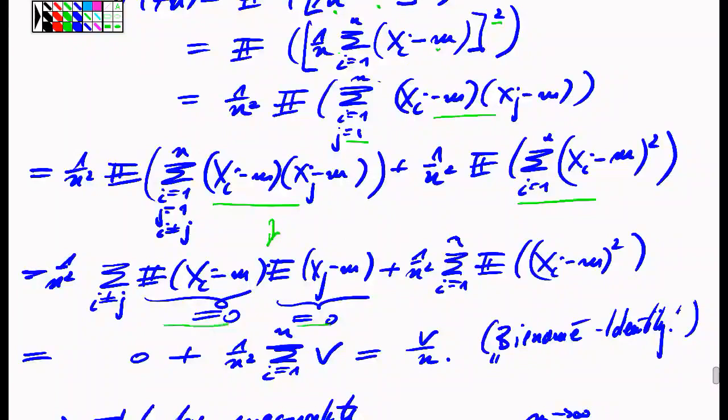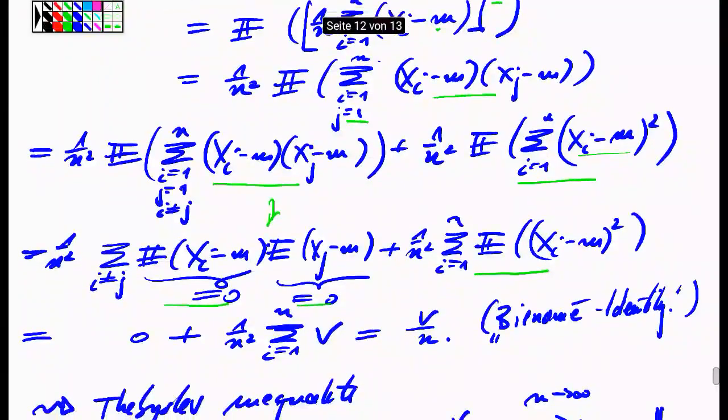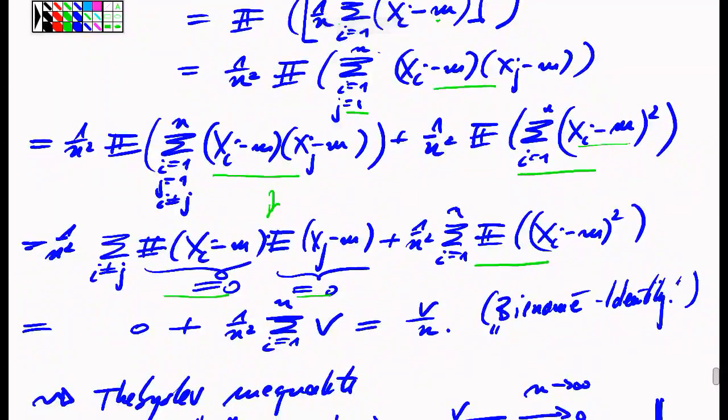So in particular, this sum is 0, and the expectation of this diagonal part is the sum of the expectation of the squares of xi minus m, but this is exactly the variance of individual xi, but they are all the same by identical distribution. So each time in this sum we get just the variance again and again.